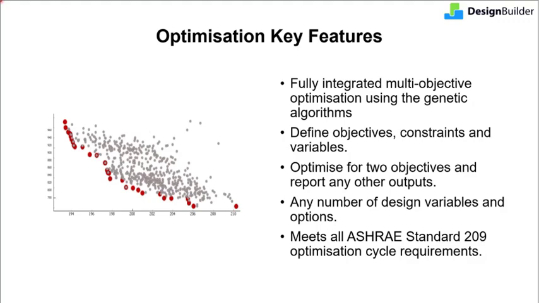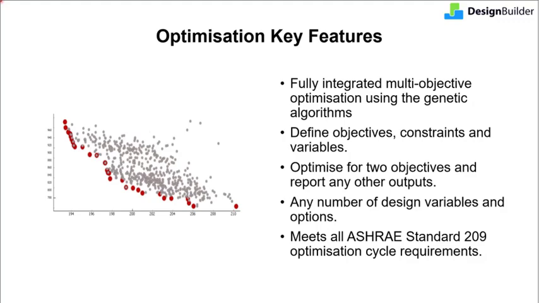With optimization, we use genetic algorithms to assess the trade-off between various design options and their impact on environmental performance. DesignBuilder optimization allows you to navigate easily the complex relationship between design objectives, constraints, and possible design options.